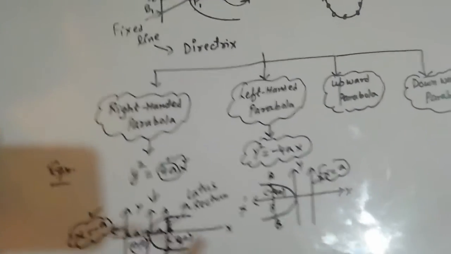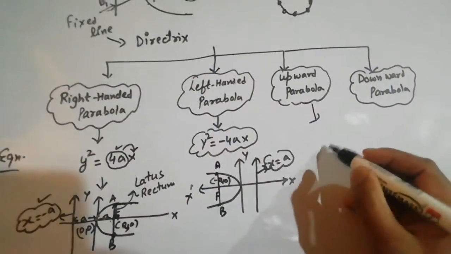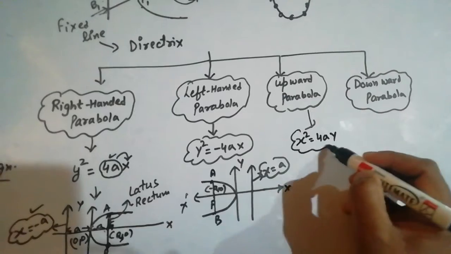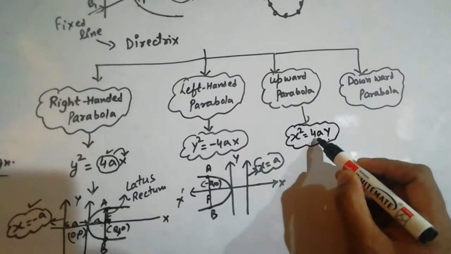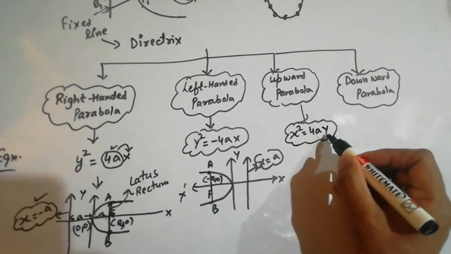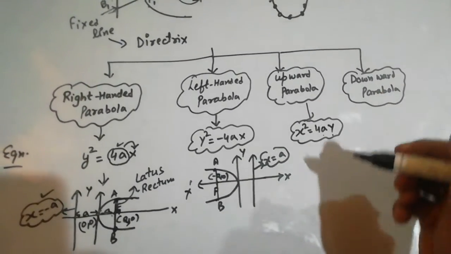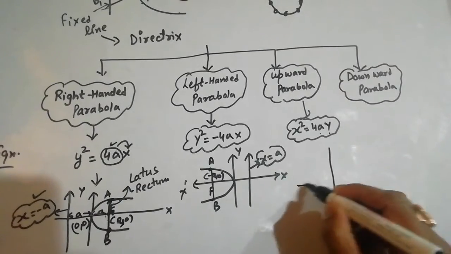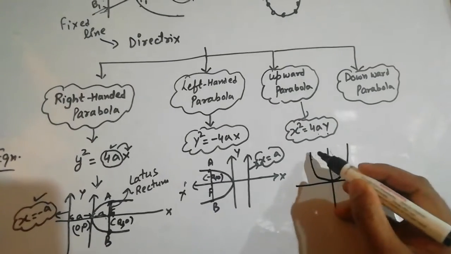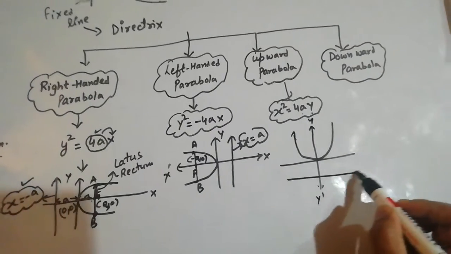Next is your upward parabola. The upward parabola is x square equal to 4ay. Now see here 4a is going to multiply with y, which means your parabola is along the y-axis. As 4a is multiplying with positive y, your parabola is along the positive y-axis, meaning an upward parabola. So here the parabola looks like this. Now again the same thing, your directrix will come here.